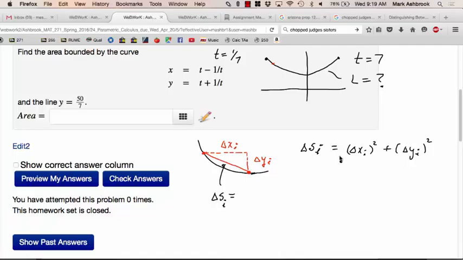So if we wanted delta Si, then it'd be the square root of that whole thing. So that's the length of this one little segment, again just using x and y. And what do I want to do? I want to sum all those up, i equals 1 to, say, n of them.